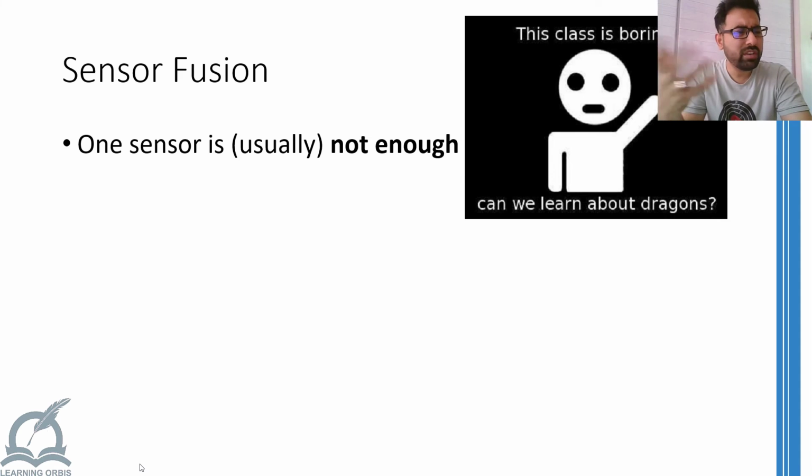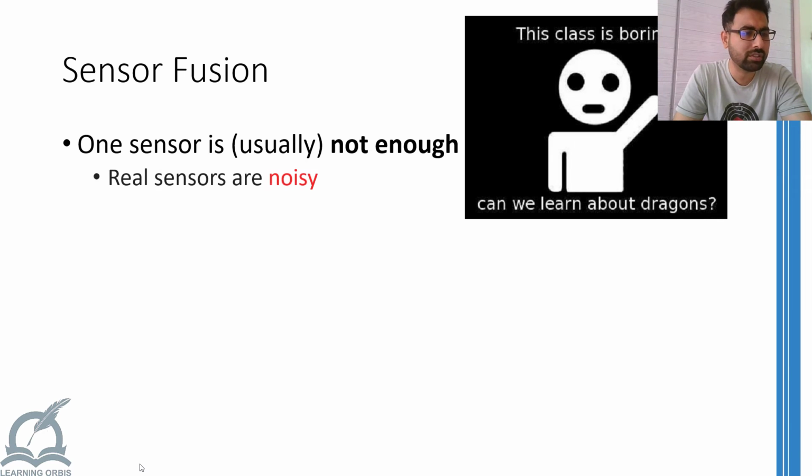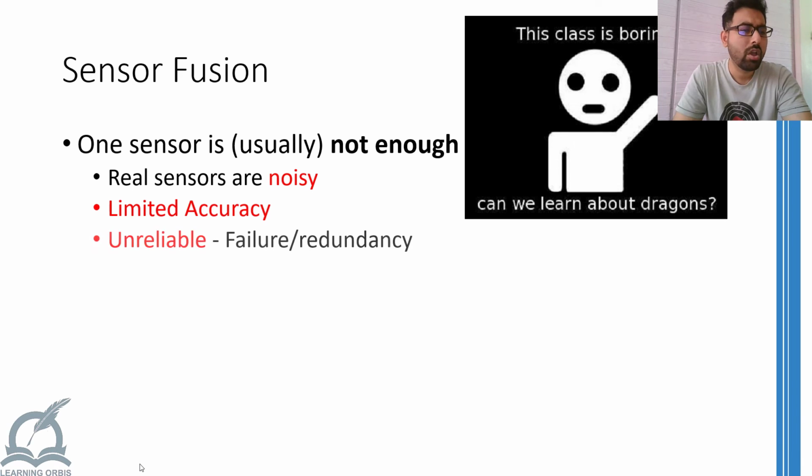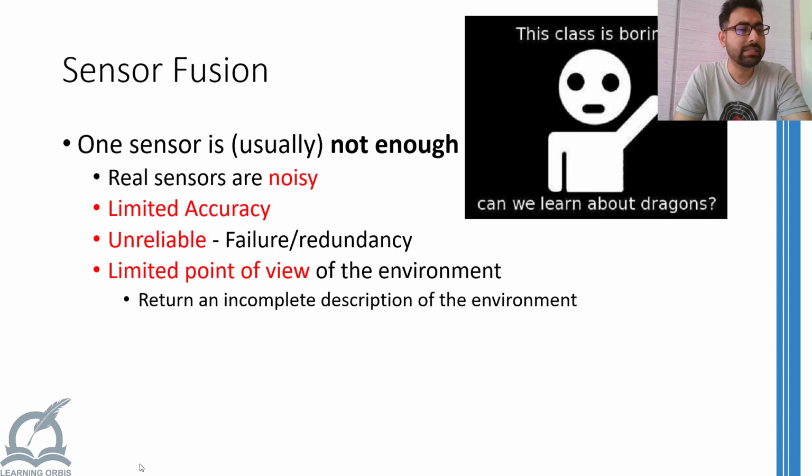So why do we need to fuse the output of multiple sensors, and what benefit will it bring? For a reliable measurement, usually one sensor is never used because real sensors are normally noisy. They have limited accuracy and are unreliable. Moreover, they have a limited coverage area, hence are unaware of what is happening beyond the coverage area.